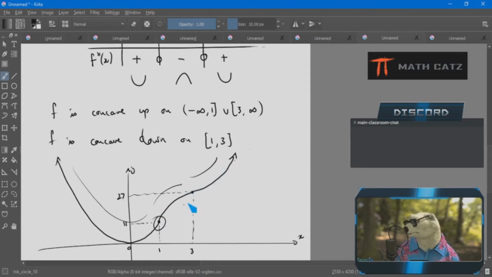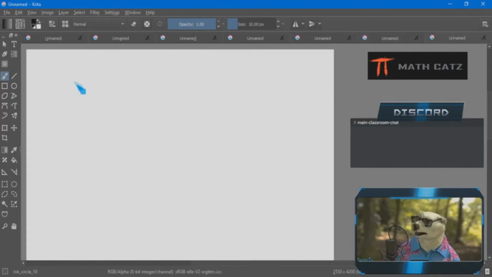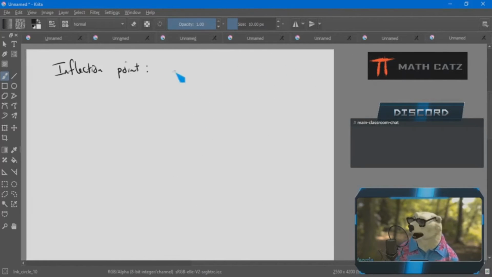So I have these important points that came from the check and the fact that there are points. We're going to call them inflection points. So it's very similar to, was it this page? Yes, to critical points. Except it's going to come out when the second derivative is 0 or the second derivative is undefined.